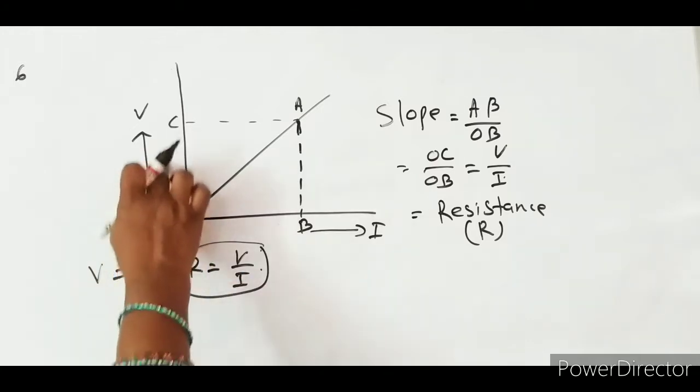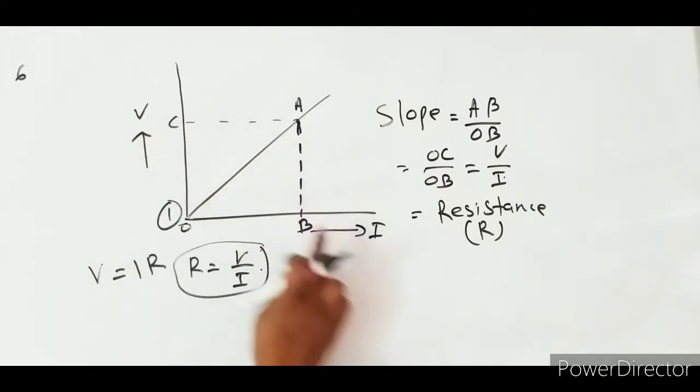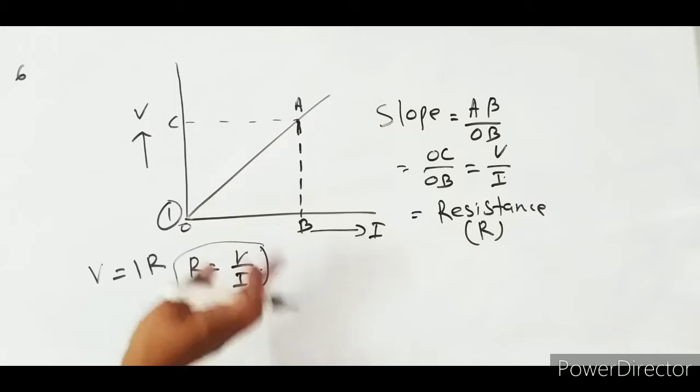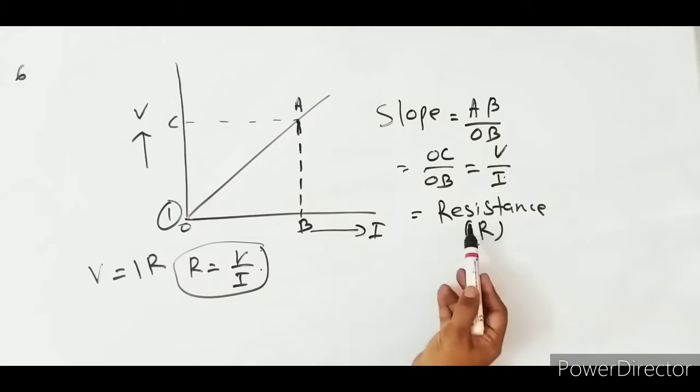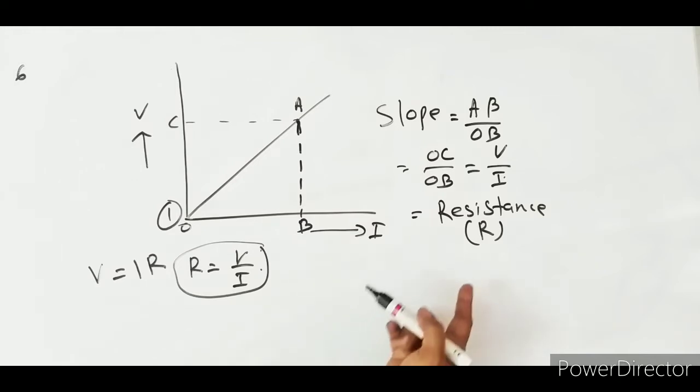Usually students are confused whether on the x-axis we will put V or we will put I. This also I can put as I, but then instead of resistance, we will get something else, which is known as conductance. We will discuss that later.